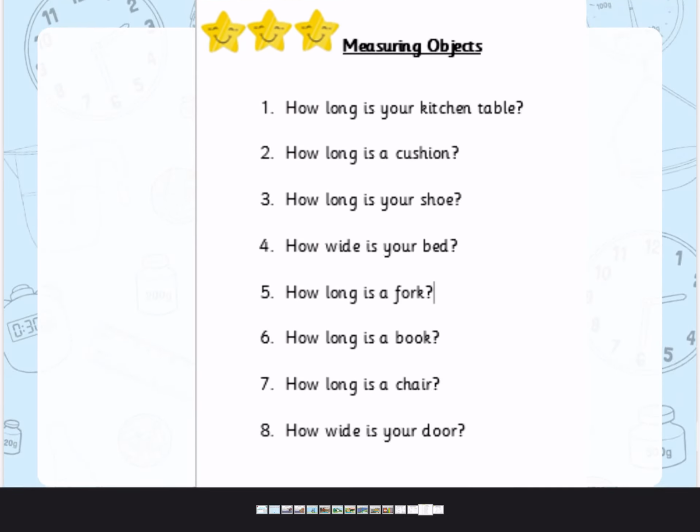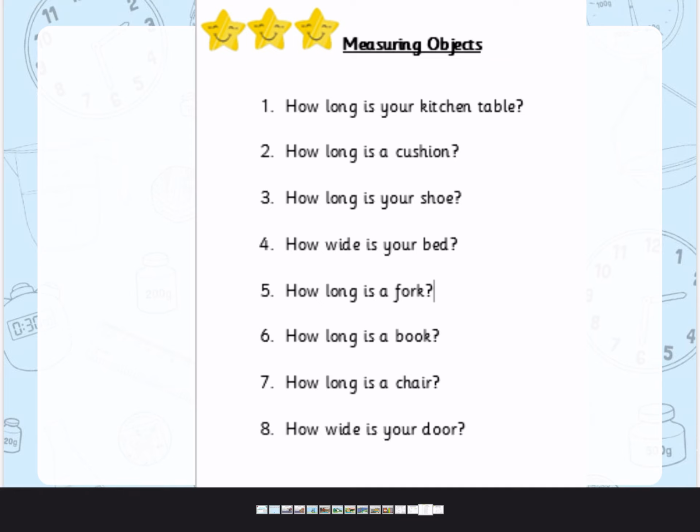Your 3-star job, okay? Now using your object, so whether you've used your pencil, your hand, your sock, your rubber, I want you to use that object to measure different things around your house. For example, if you were using a rubber, how many rubbers long is your kitchen table?